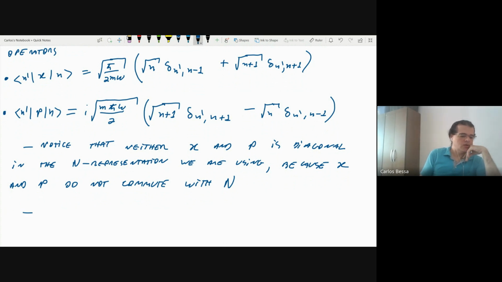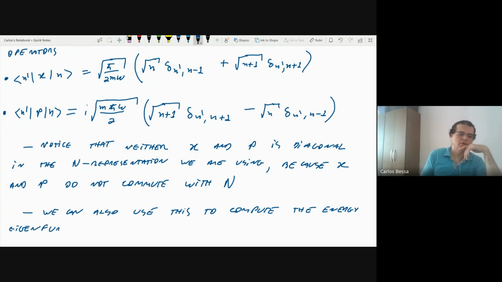But we can check in the end if you still have any doubt. And we can also use this to compute the energy eigenfunctions, functions in the position space.